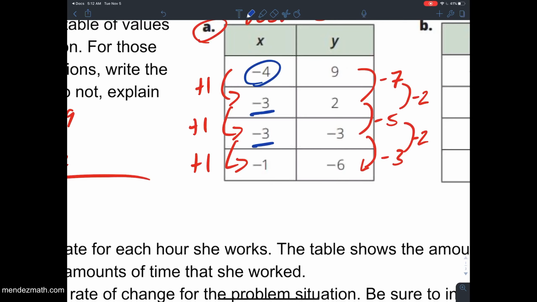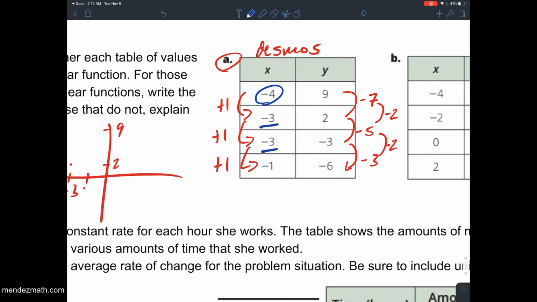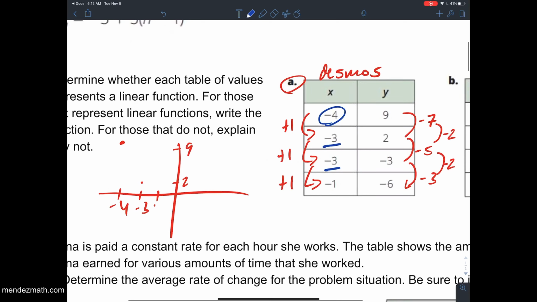It's the same number. It says -3 goes to 2. Okay. But -3 also goes to -3. You can't have -3 go to 2 different places at the same time.